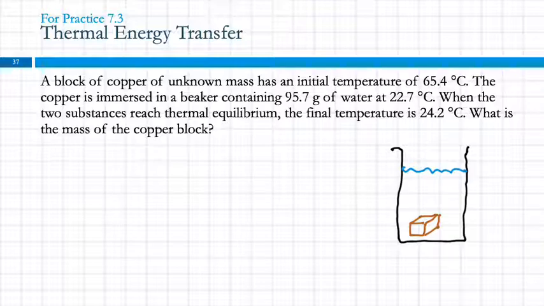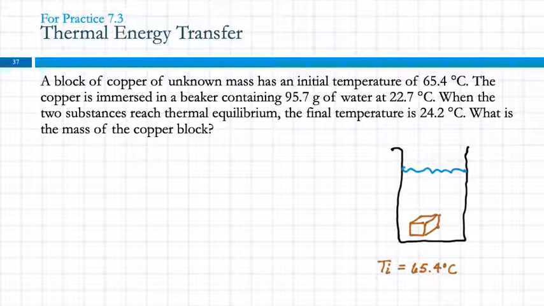So the block of copper has an initial temperature of 65.4 degrees Celsius. Since I have colored markers available, I'm just going to use color to code this instead of subscripts. So the initial temperature for the copper is 65.4 degrees Celsius.